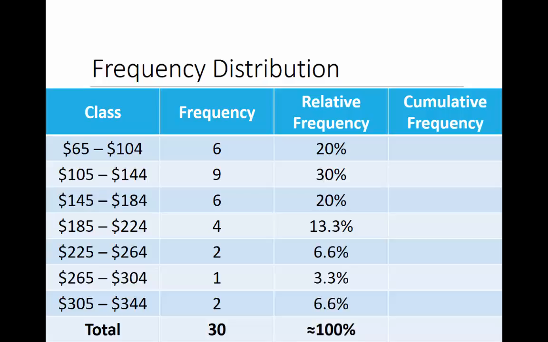Cumulative frequency, again, is calculated in the exact same manner. Cumulative frequency is the sum of the current class's frequency and all classes above it. Remember, the cumulative frequency at the last class is equal to the sample size.